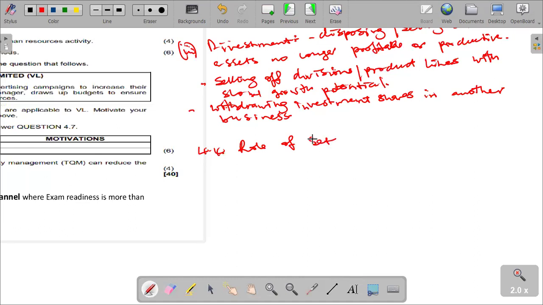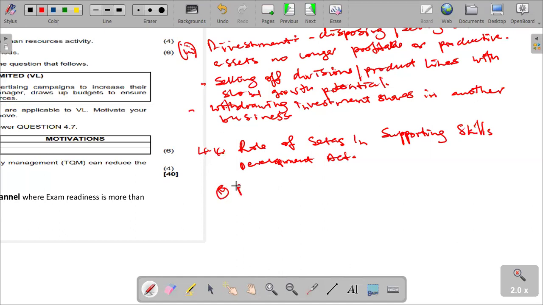So in this question, we actually just need to understand what the role of SETAs is. One, they promote and establish learnerships.